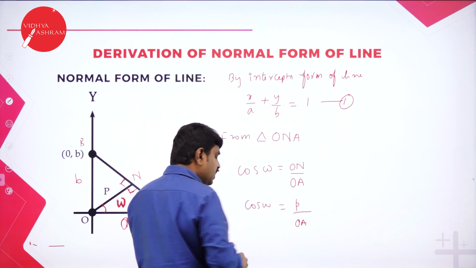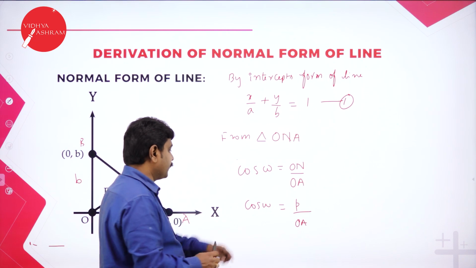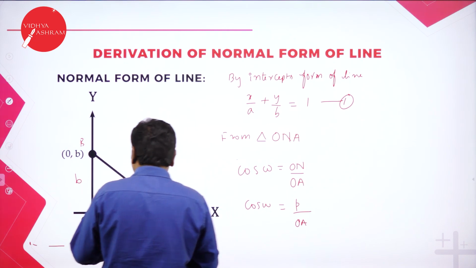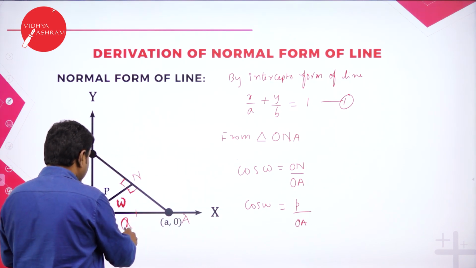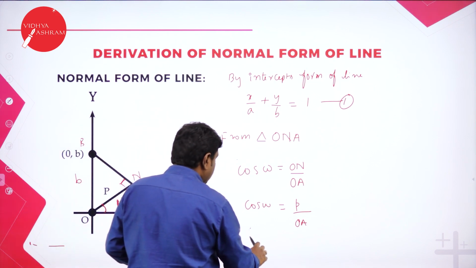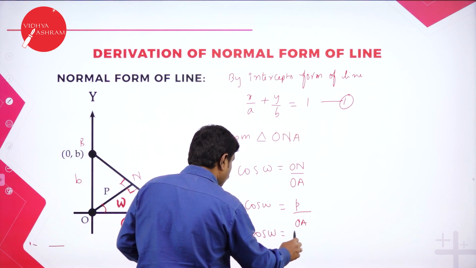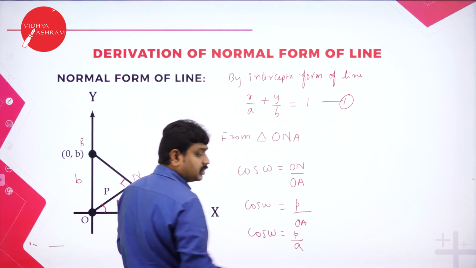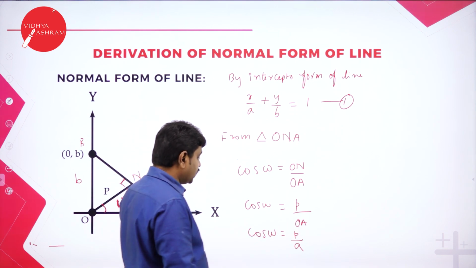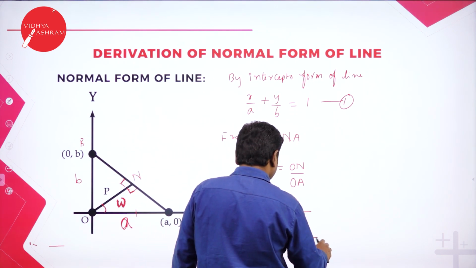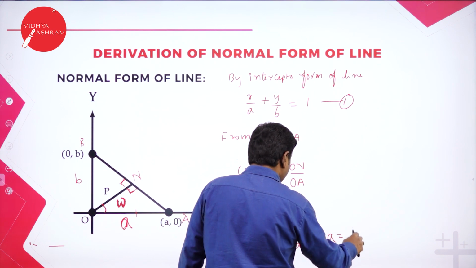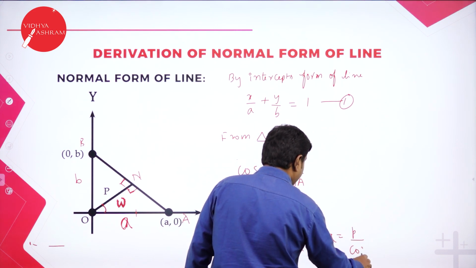From this you can rearrange and get the value of OA. That is O to A, the length is A, x-intercept. X-intercept we assumed A. So can I write cos omega is equal to P by small a? Further from this you can get value of A. That implies what is A? A is equal to P by cos omega.